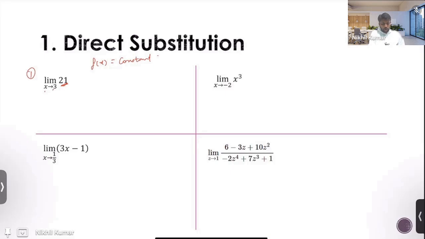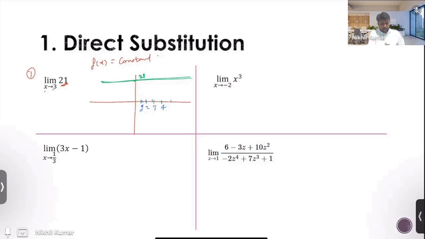So let's try to plot y equal to 21 on the graph paper. If you plot that, it's going to be something like this. A straight line where this is 21. Whatever the value of x you take, the value of y will always be 21. If you take x equal to 1, 2, 3, 4, whatever the value of x, y will always be 21.